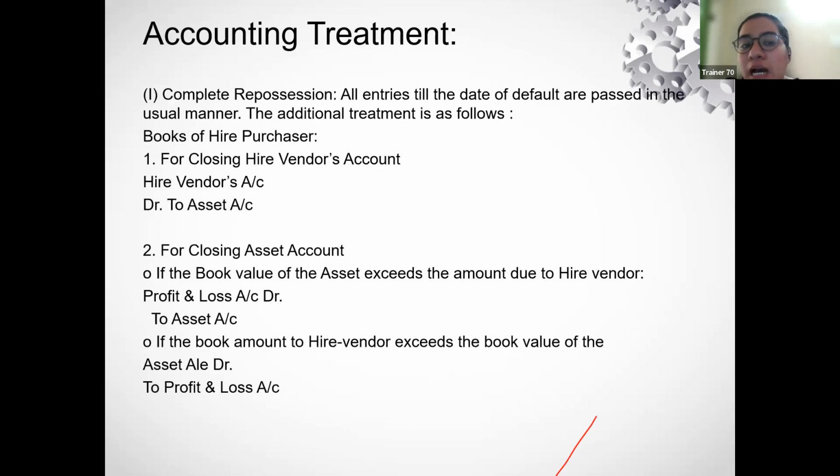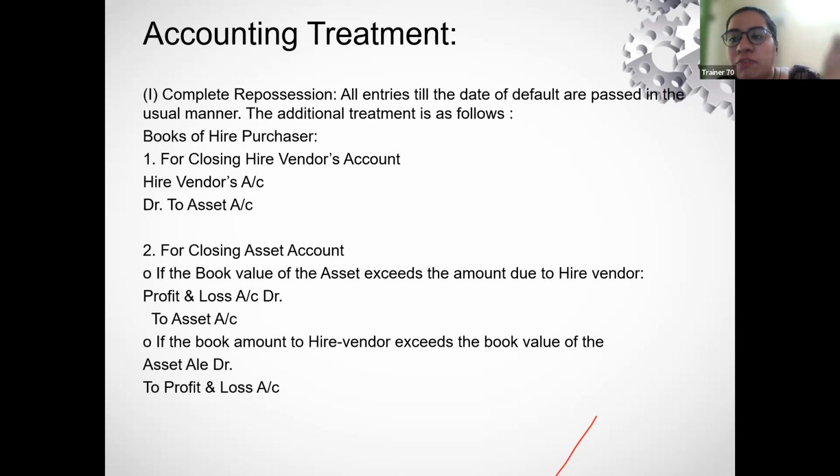Now, what will be the accounting treatment with respect to repossession? Say, for example, complete repossession has been done. Okay, he has taken the complete goods away from me. All the entries till the day of default are passed in the usual manner. Whatever entries we have seen till now, everything will remain the same.